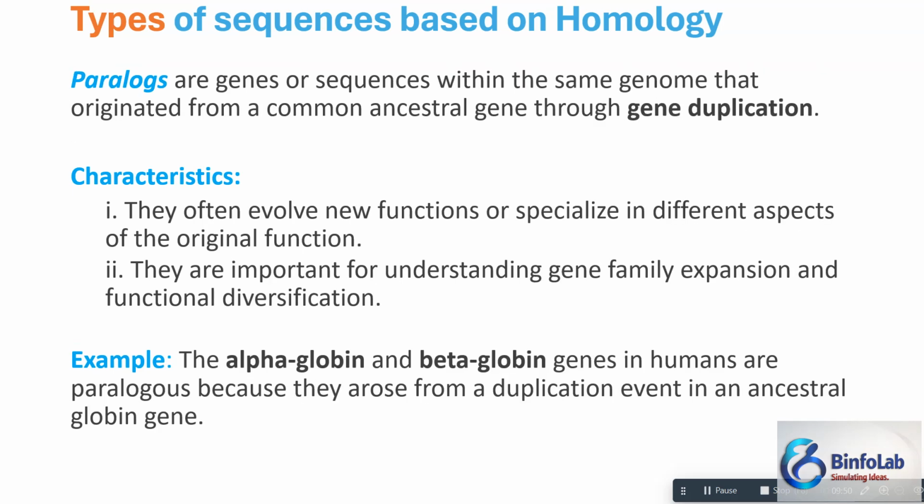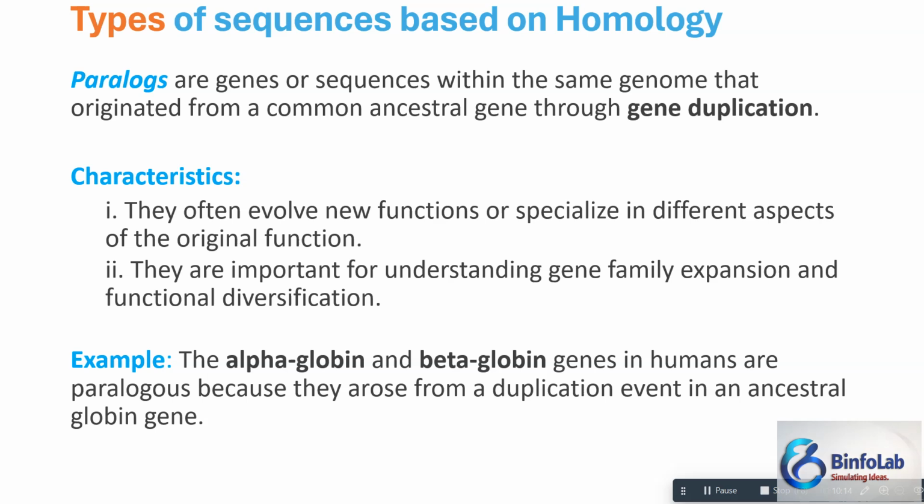Now, what are paralogs? Paralogs are genes or sequences within the same genome that originated from a common ancestor, but in this case they originated from a process called gene duplication.